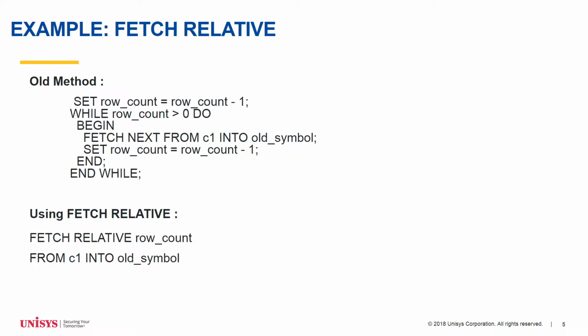In the old method, we needed to use a retrieval loop, casting aside the returned values until the record we are waiting for is returned. The fetch relative statement replaces the while loop, the fetch loop, and the increment statements, returning only the record value we want.